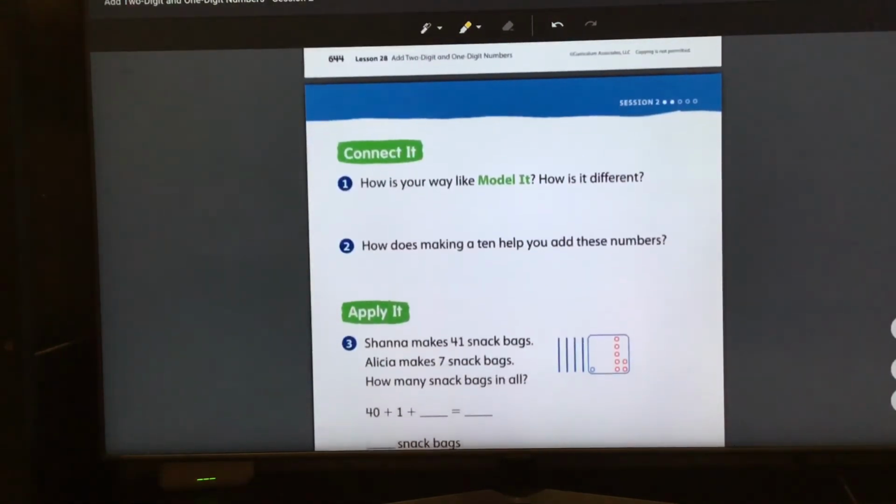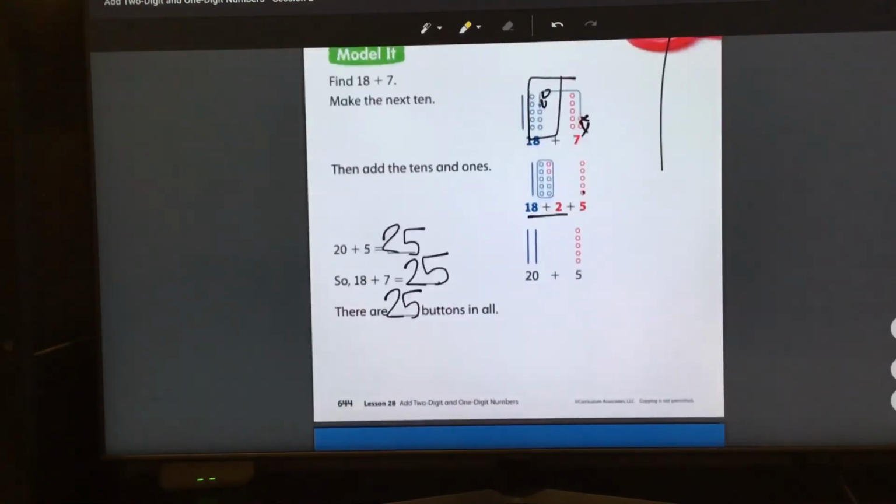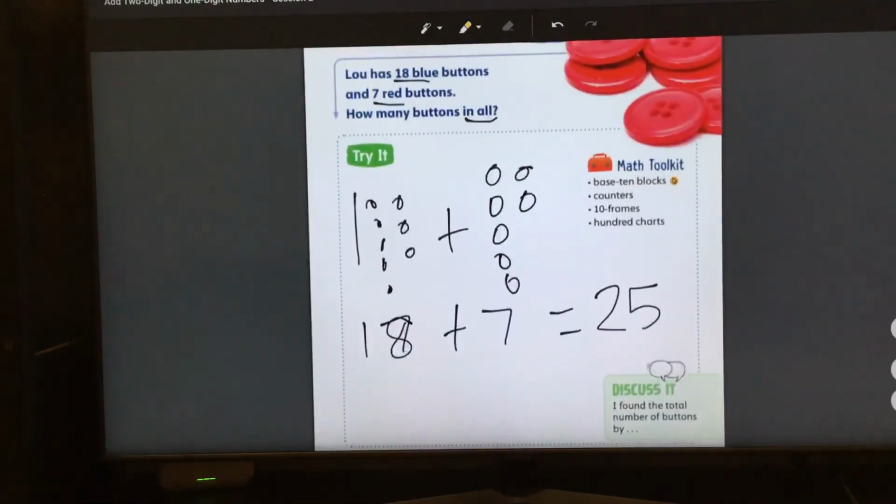So how does making a 10 help you add these numbers? We're going to write the answer for this one. So we noticed in here, when you go to count and you have 10s instead of all those 1s, 10, 20, 21, 22, 23, 24, 25, that goes a lot faster than counting 10, 11, 12, 13, 14, 15.